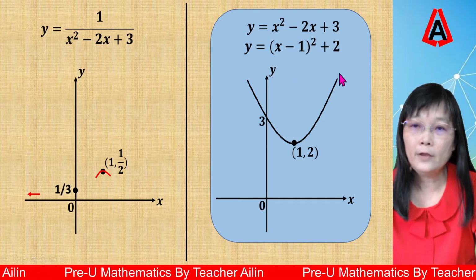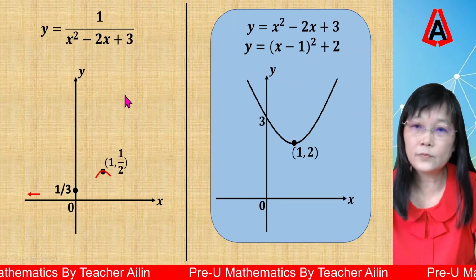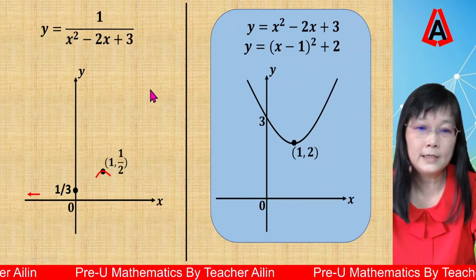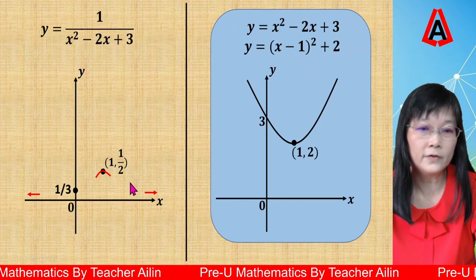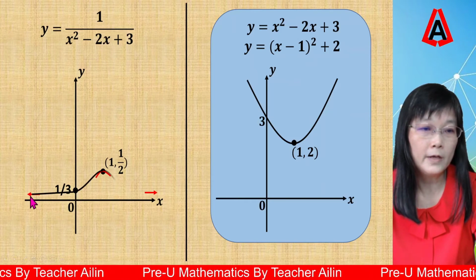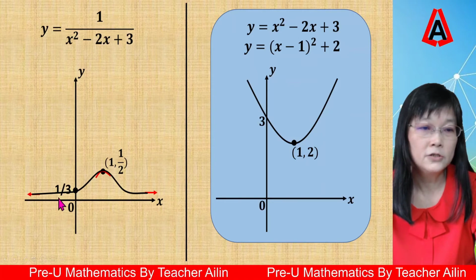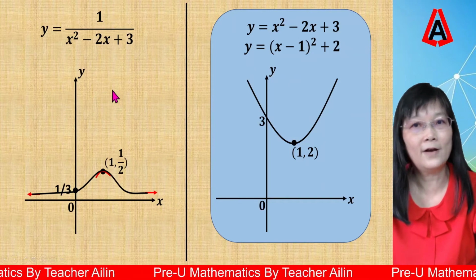So the value of y is positive infinity, and when converted to the reciprocal function, the value of y is slightly greater than 0. So now we can see the shape of the curve. Now we combine all the information. Now we will get the shape of the graph of this reciprocal function.